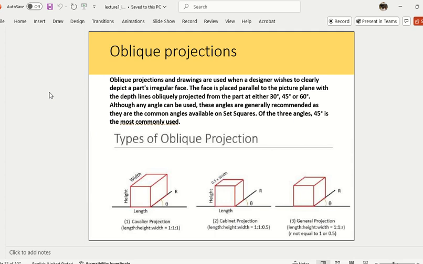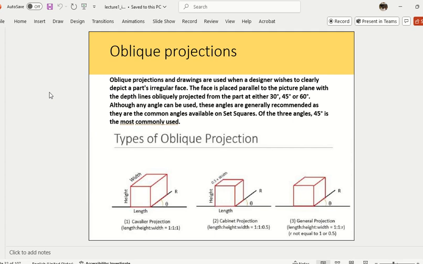Clear? And if I make the third dimension not 1 and not 0.5, but any other number, for example 0.8, then it is general. Got it?